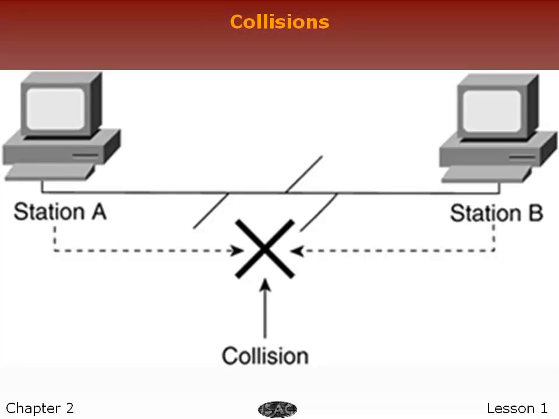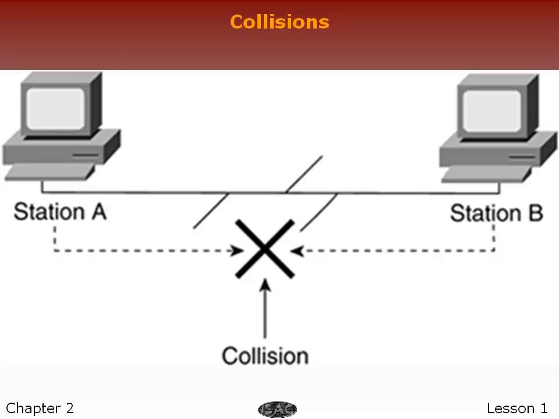So let's speak a little bit about the process which is called collisions. Collisions are used by Ethernet to control network access and shared bandwidth among connected stations that are trying to transmit at the same time on a shared medium, such as a network segment.